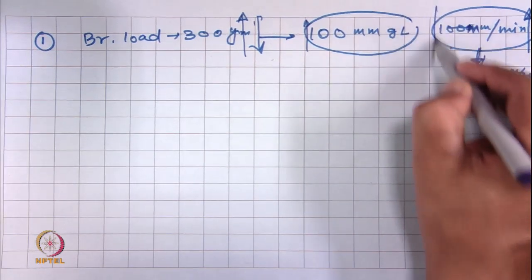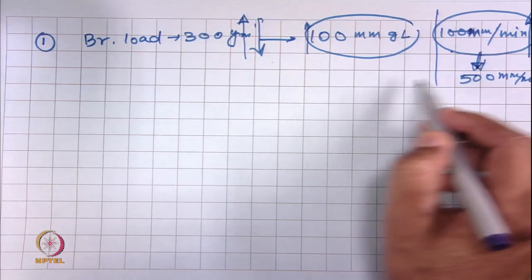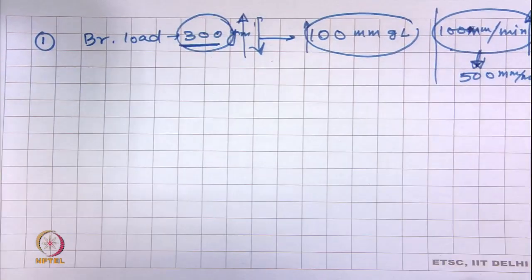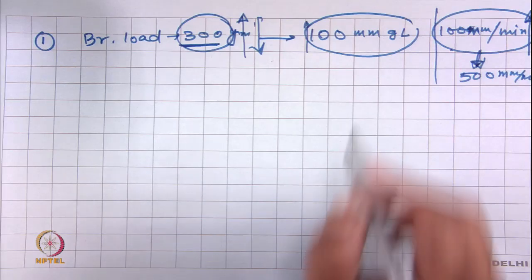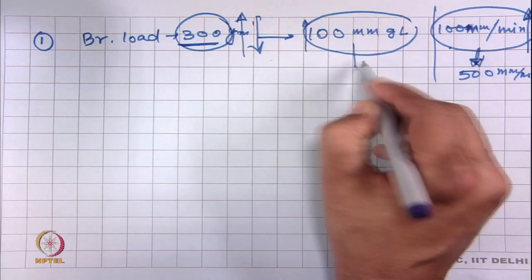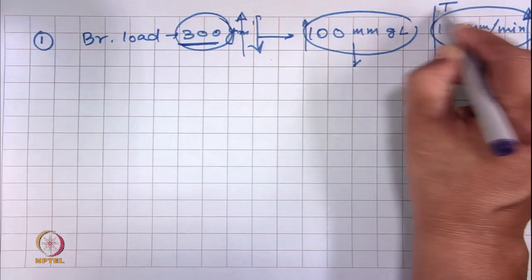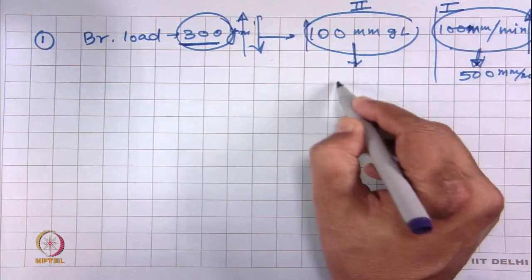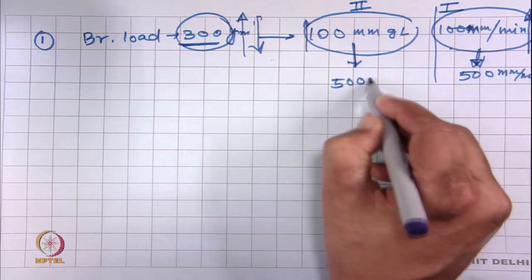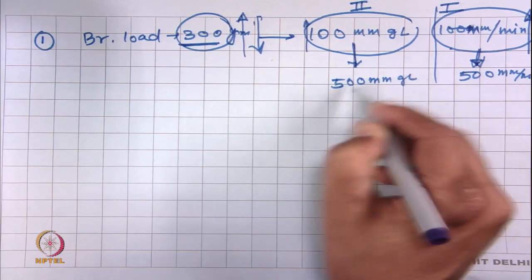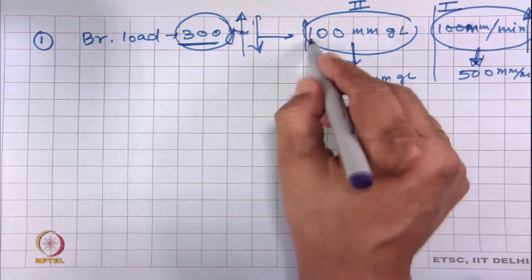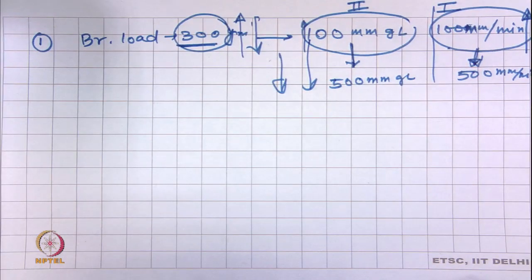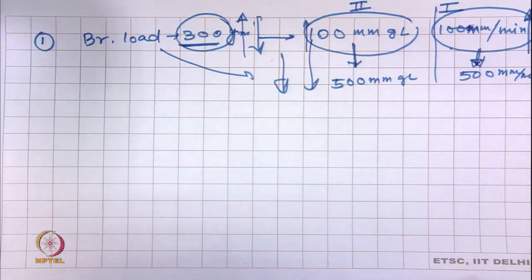If we increase the traverse rate, definitely there will be an increase in the breaking load. That is situation one. Situation two is that the gauge length goes from 100 millimeter to 500 millimeter, and we want to know the percentage decrease in breaking strength in this case.